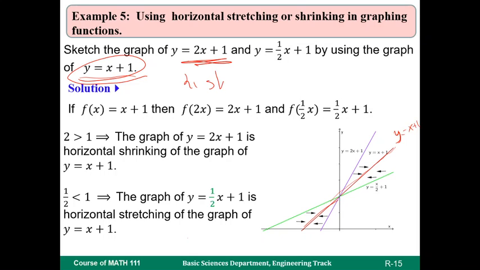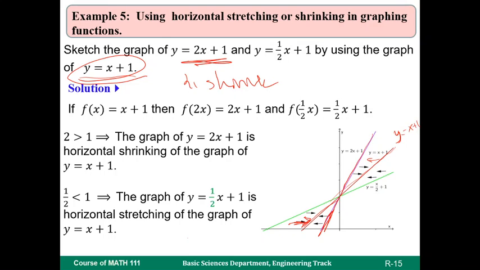Shrinking means pushing to the inside. I push from left and right, like you're pushing it toward the middle. So from the left and right, you push it, and it becomes this line here.